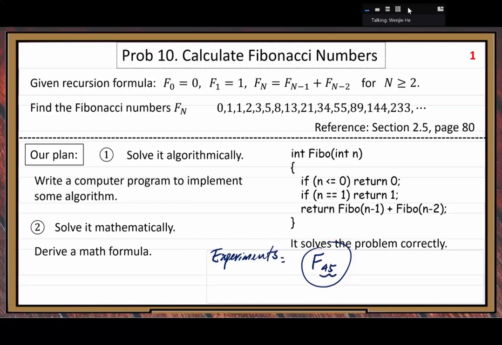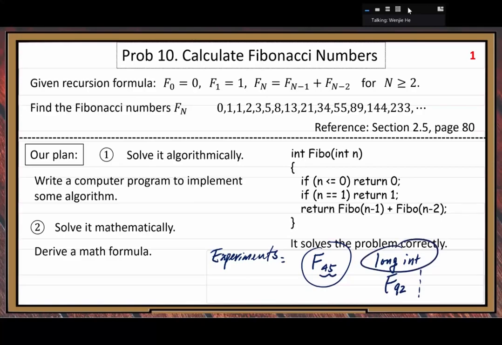Another thing is overflow. When you do the calculation using long integers, you may get overflow. If you calculate F92, that's the last one before the overflow when you use long integer.